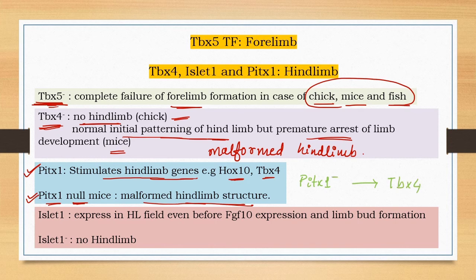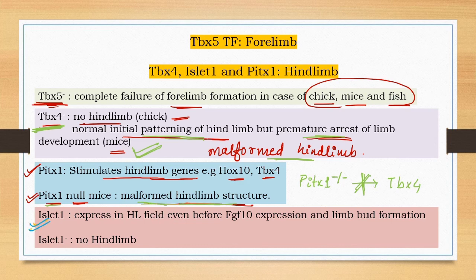Now in PITX1 null mice, where PITX1 expression is not taking place, PITX1 protein is not being formed. Here TBX4 will not form. And we have already discussed that in case of mice, when the TBX4 gene is lost, there will be initial patterning but premature arrest, that is, a malformed hind limb. So this is why in PITX1 null mice, malformed hind limb structures are formed.